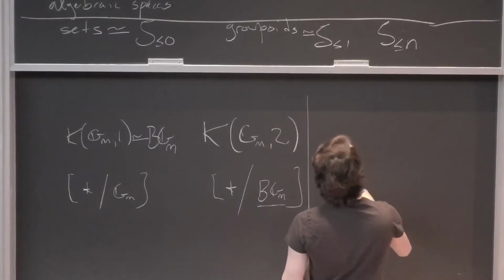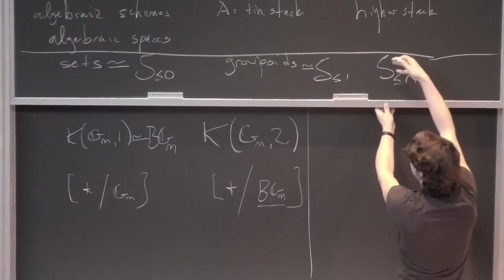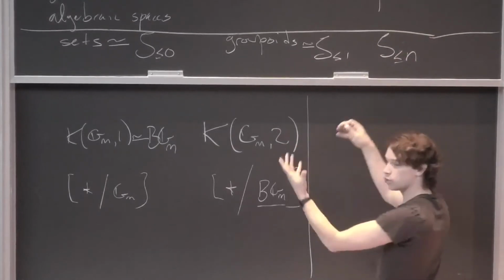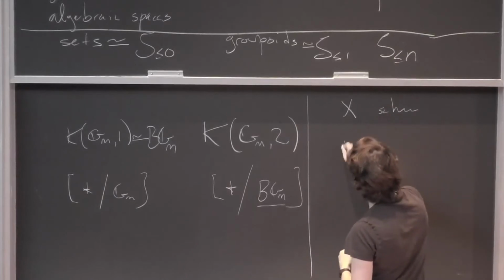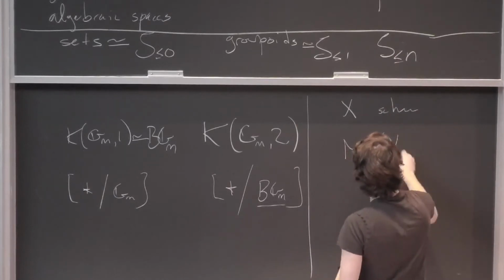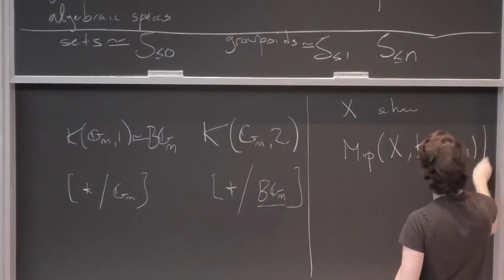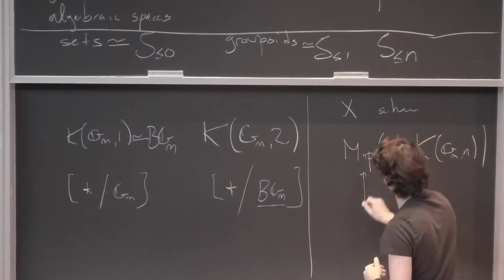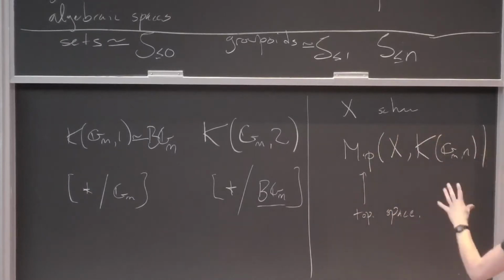Okay, so this world of étale sheaves with values in here is enriched in topological spaces. So if I have X as a scheme, and then there's a map from X to KGMN, a mapping space, and this is a topological space. Okay, so what are the homotopy groups of this topological space? So the homotopy groups are given as follows.